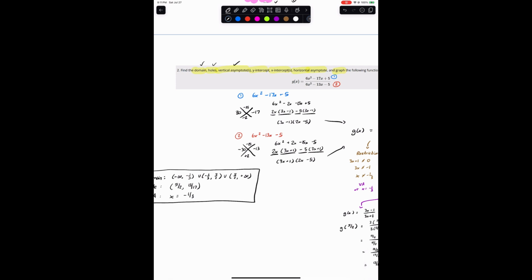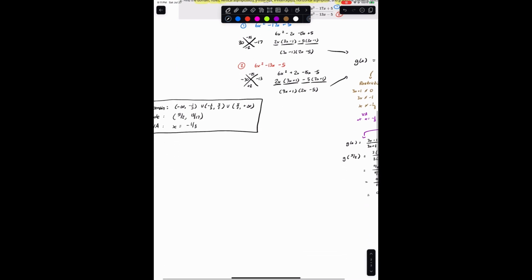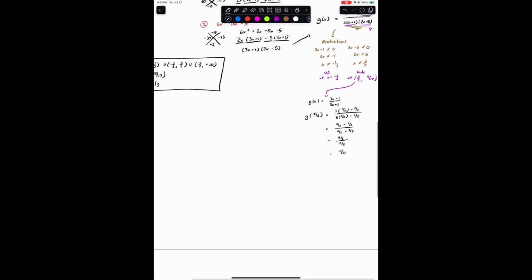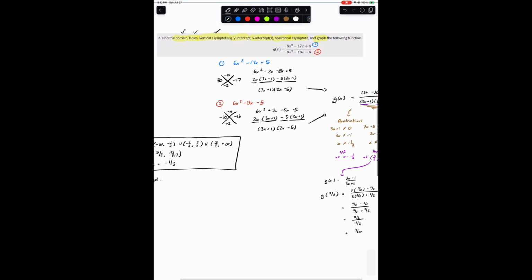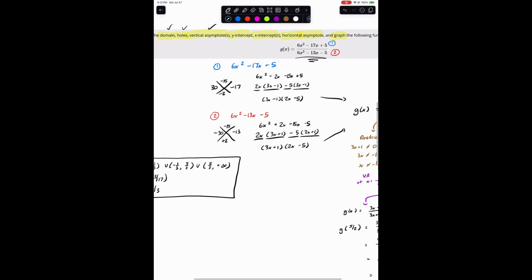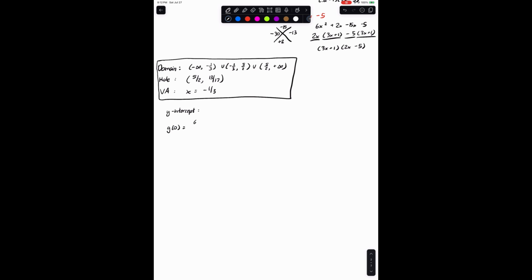So this is done, that's done, that's done. So we need our intercepts now. For the y-intercept, I just need to plug in 0 for x. So g of 0 equals, and we can use the simplified version, but I'm actually going to use this version. It's faster, and you'll see why in a second.